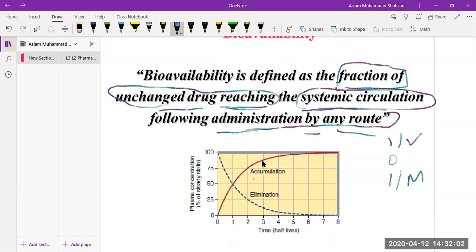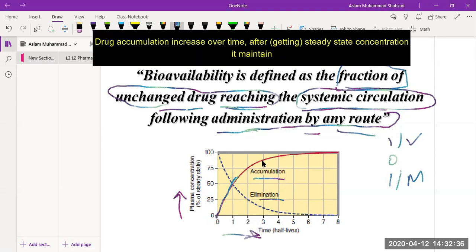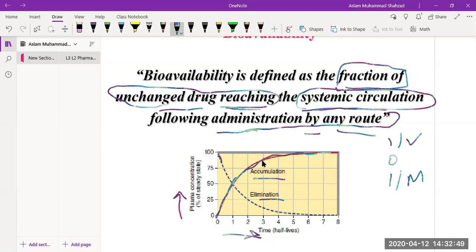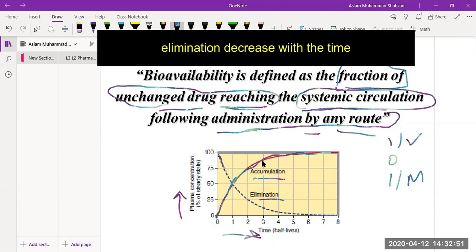To understand bioavailability, we need to understand this graph where we can see two terms. One is accumulation, the second term is elimination. And if you see with the time or half-life, these two are very important to understand the drug bioavailability. You can see in this case that drug accumulation increases over time, and after attaining the steady state concentration, it is maintained. Whereas elimination decreases with the time.